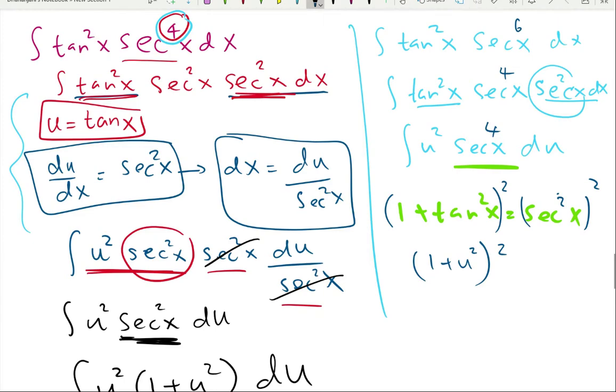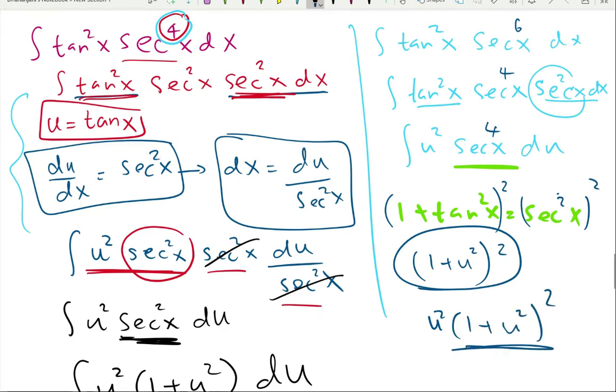Now u square times 1 plus u square squared, that's easy to handle, right? You can FOIL this out and do the integration. That's easy. So when you have an even power for secant, split out a secant square and choose your u to be tangent. Excess secant terms will be removed using the Pythagorean identity.